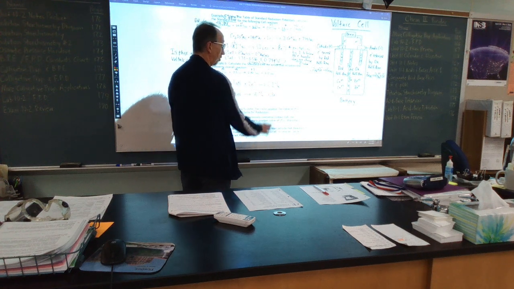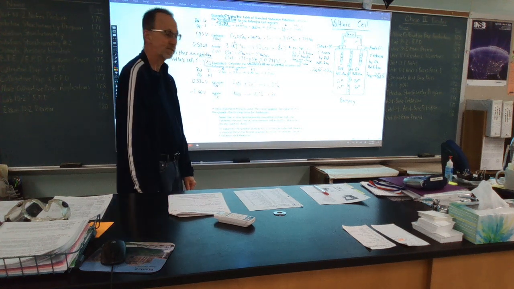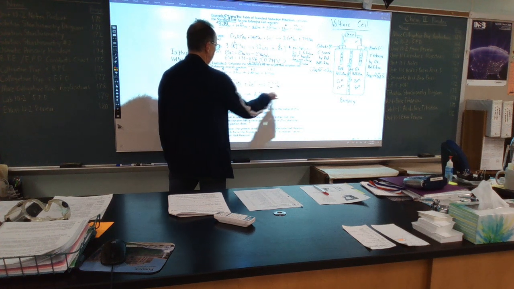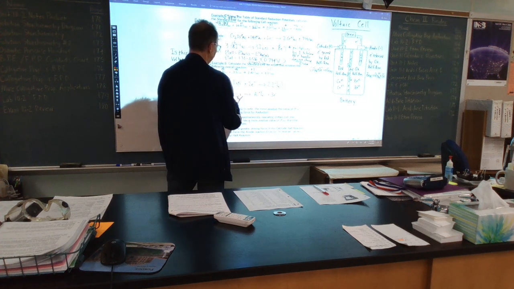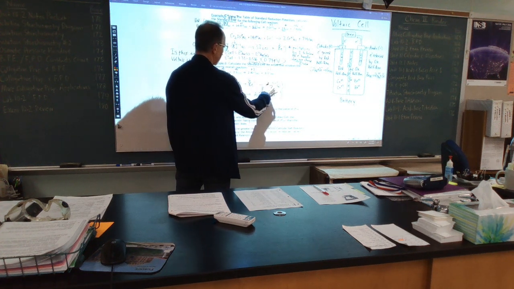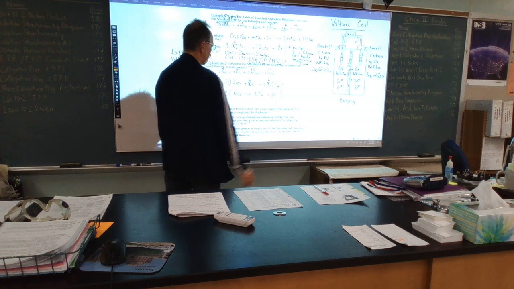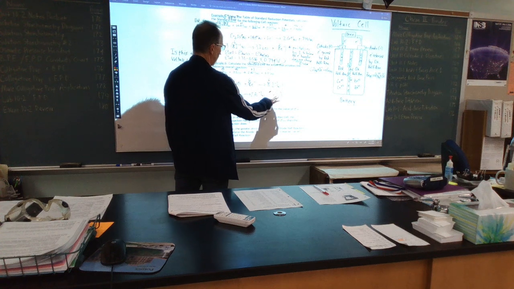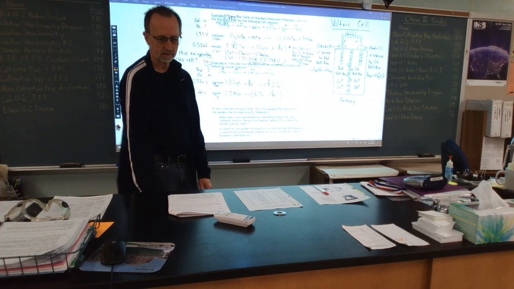Here we have a 2 and a 3, so the least common multiple there is 6. So we're going to multiply the top half reaction by 3, the bottom half reaction by 2. So that becomes 3, that becomes 6, and that becomes 6. The bottom one, we have a 2 there, a 2 there, and a 6 there, right?